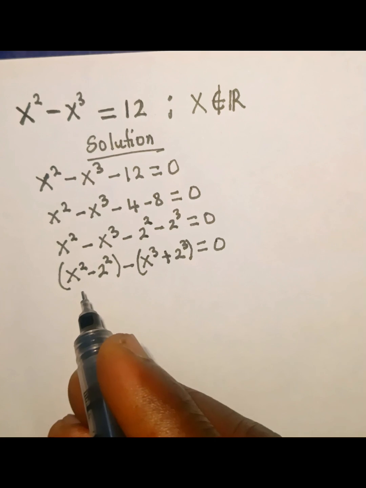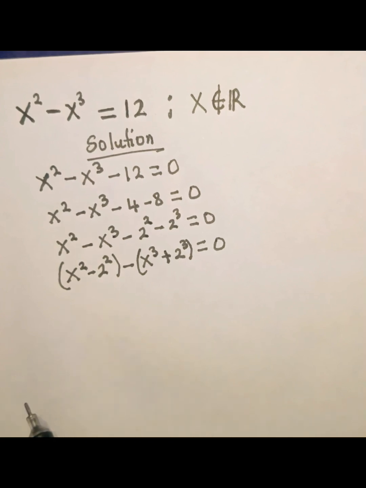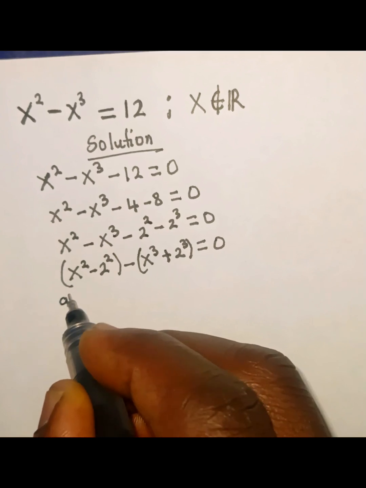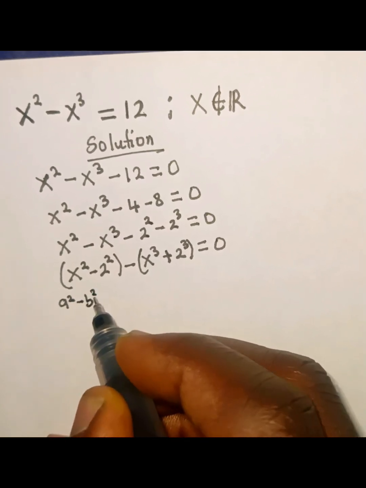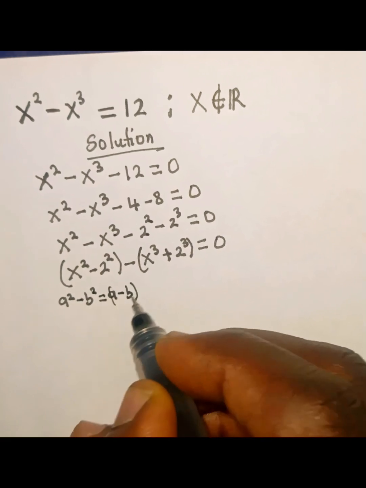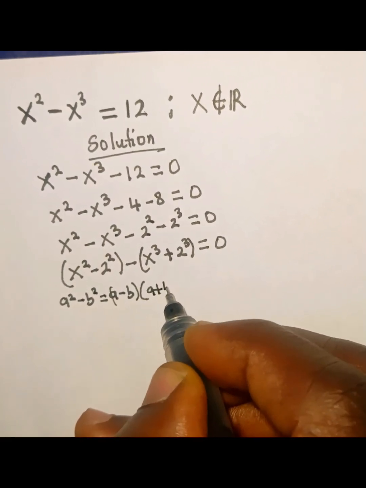Now the next thing we're going to do is to recall the difference of two squares formula. Recall that this bracket is in the form of a square minus b square, and this can be simplified as a minus b, then multiply by a plus b.